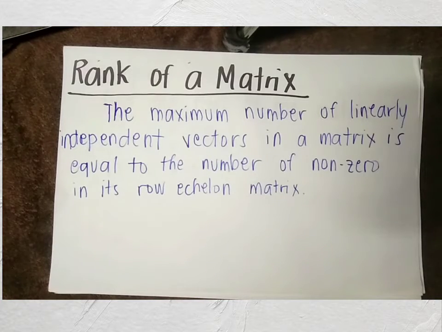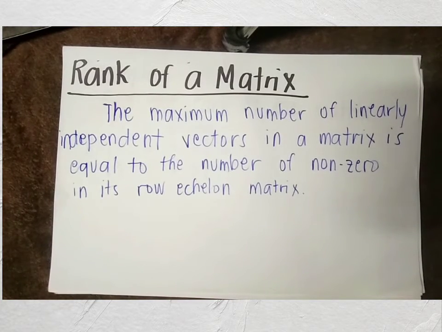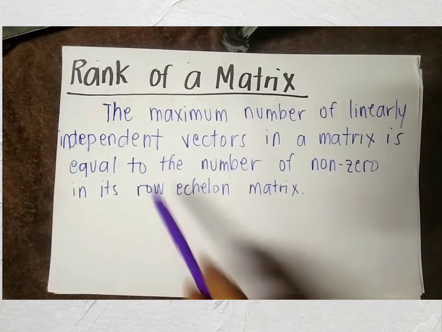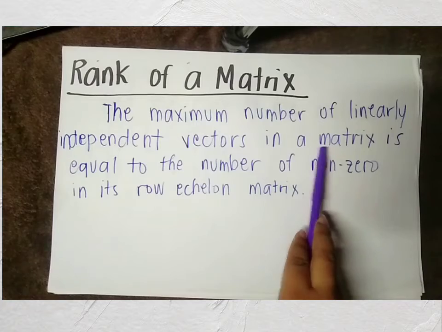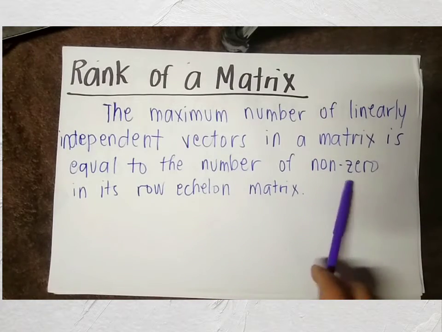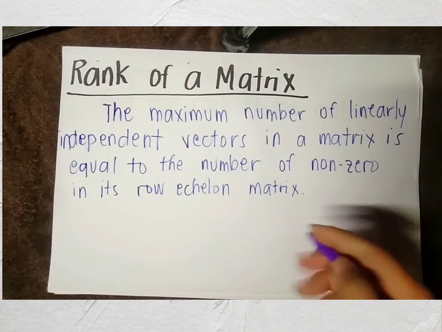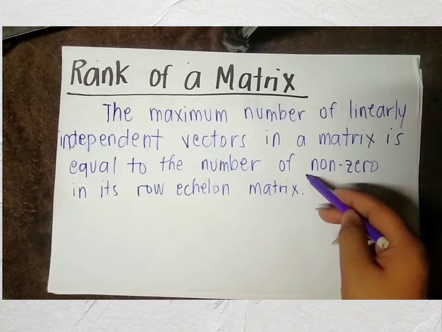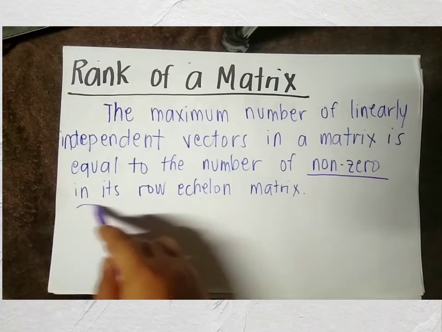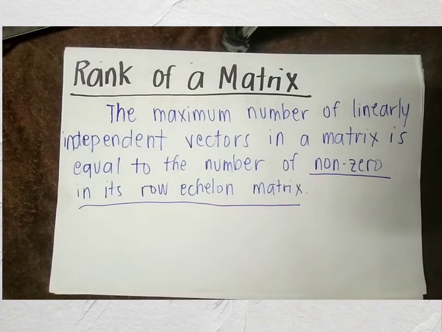So now, we will define and I will give some examples to find the rank of a matrix. The maximum number of linearly independent vectors in a matrix is equal to the number of non-zero rows in its row echelon matrix. So remember this: non-zero rows in its row echelon matrix.